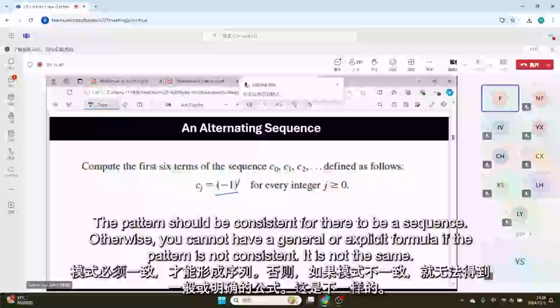The pattern should be consistent for there to be a sequence. Otherwise, you cannot have a general or explicit formula if the pattern is not consistent.